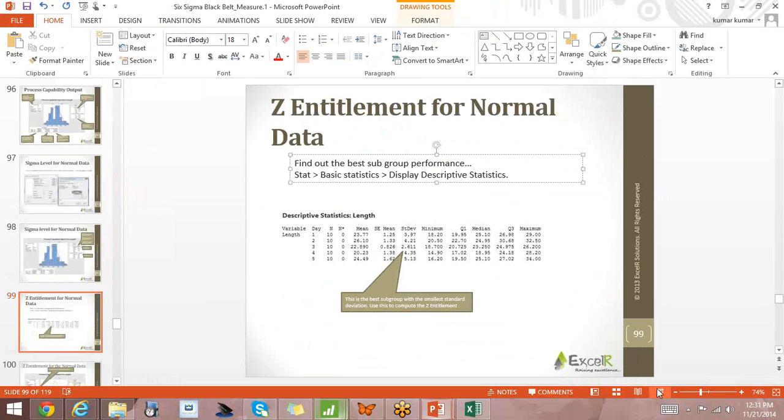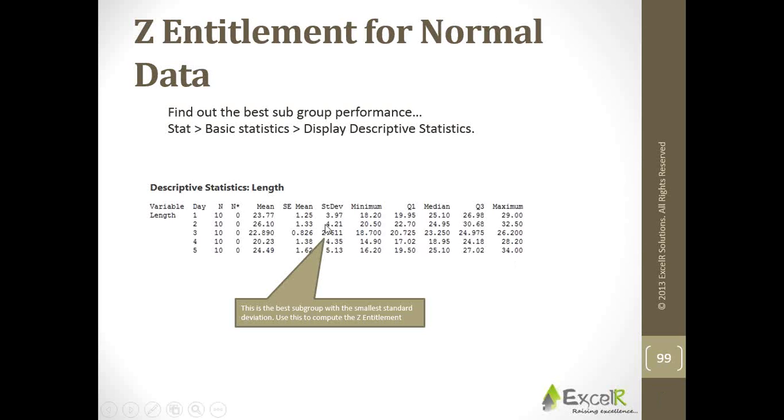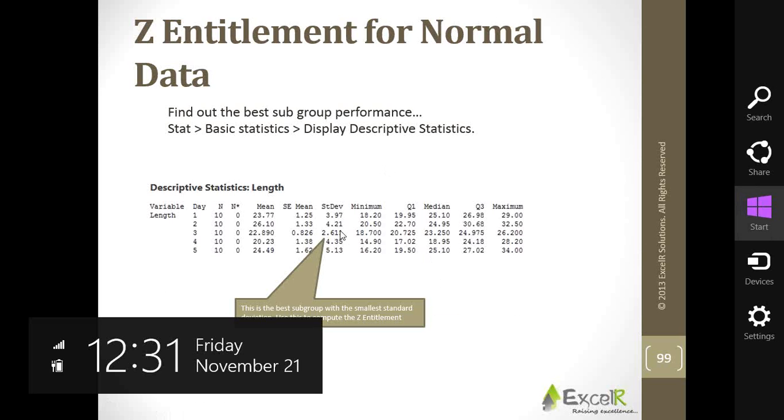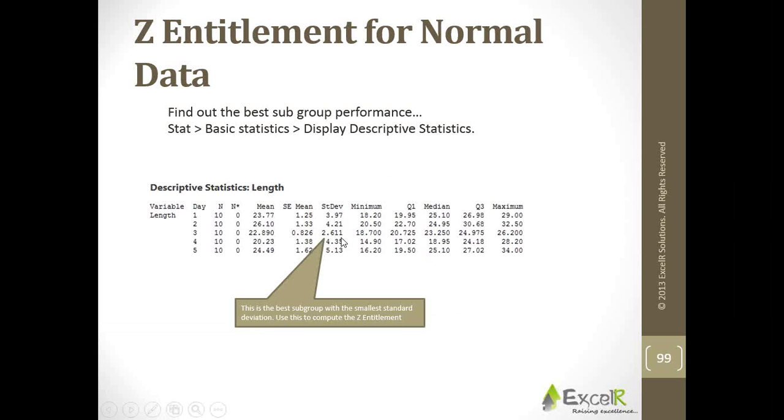Let me put it here in the slideshow. Yeah, you will get these details. Once you get these details, you pick up that standard deviation, which is the smallest. This is the best subgroup with the smallest standard deviation. Use this to compute the Z entitlement.